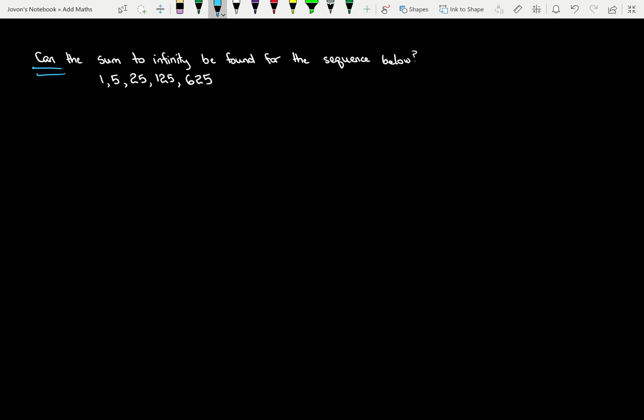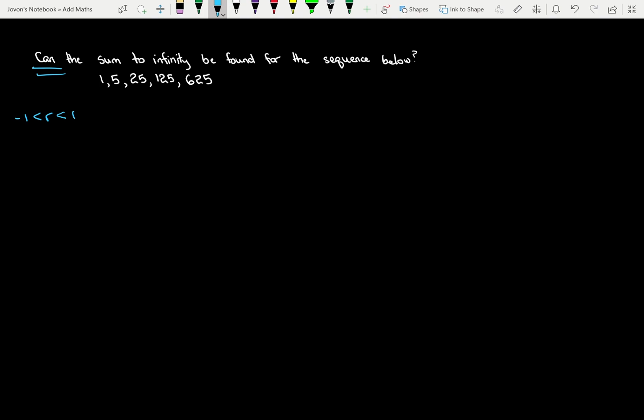And remember, we said that for the sum to infinity to exist, r must be between 1 and -1. So basically, all they are asking us to do is determine whether or not r is between 1 and -1, because then we could determine whether the sum to infinity exists. Now, we don't even need to find the first term, we just need to find r.